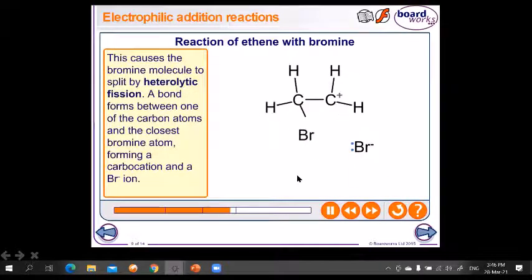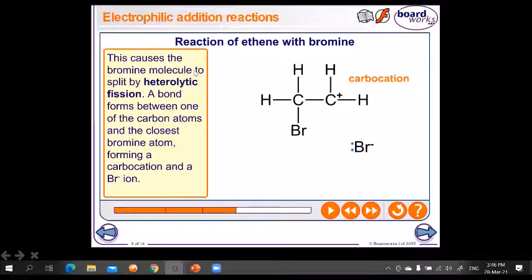This causes the bromine molecule to split by heterolytic fission, and a bond forms between one of the carbon atoms and the closest bromine atom.